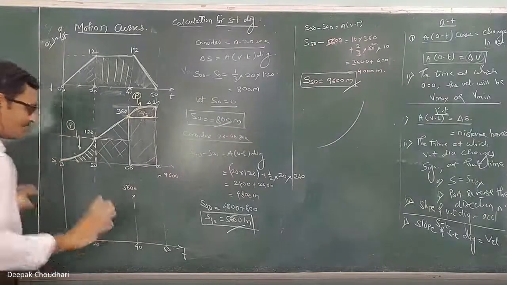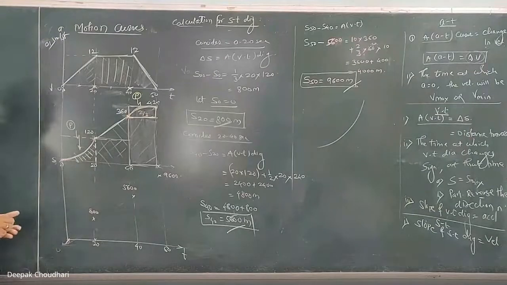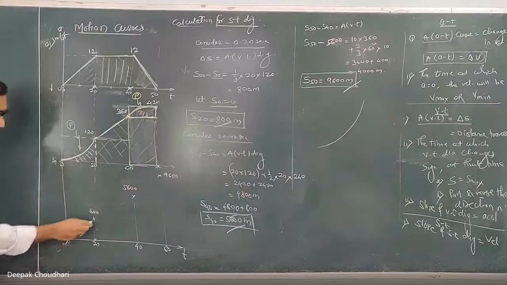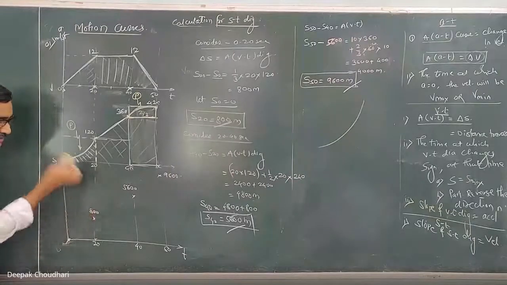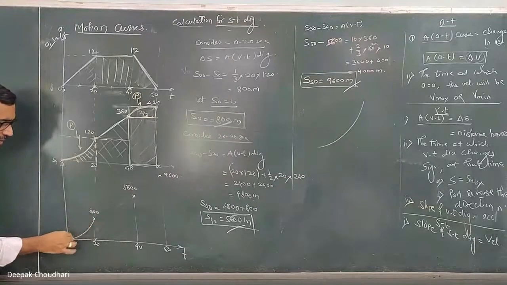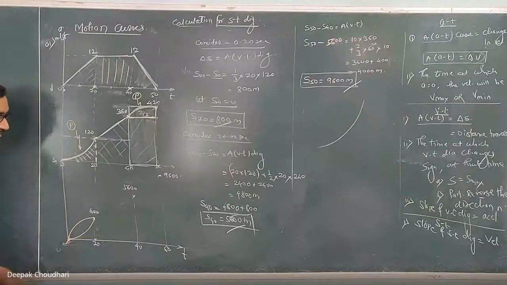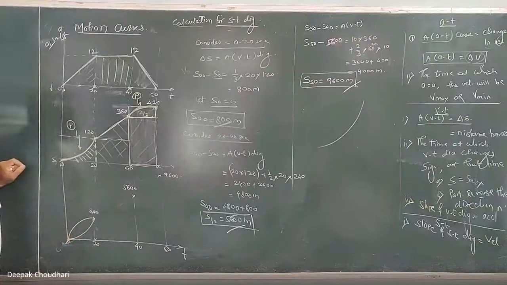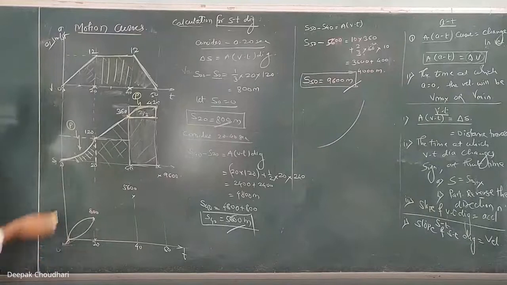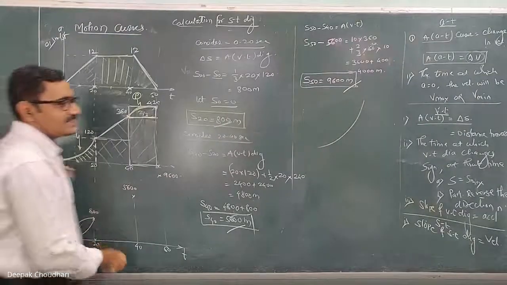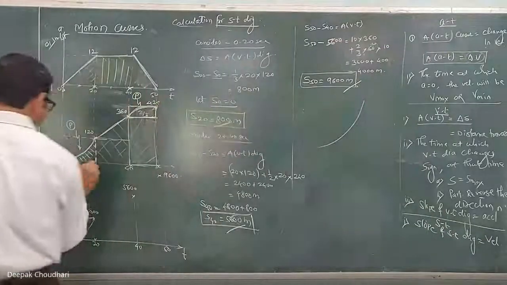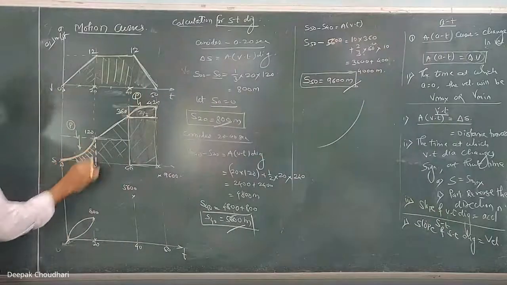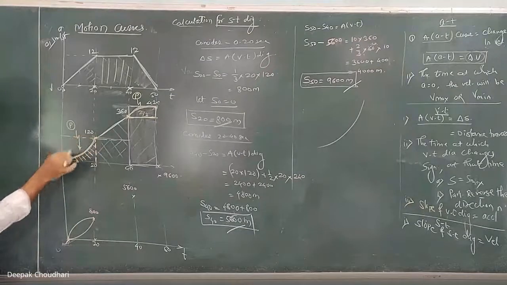So from here we have to plot an approximate cubic curve. Now the same question: there are only two points, so from these two points how do we plot the cubic curve? The question is the same, whether we will draw convex or concave. So again the same concept. Now we are plotting the ST diagram and we know that the slope of the ST diagram represents the velocity. Now from 0 to 20, the velocity is increasing. Just cross check the magnitude.